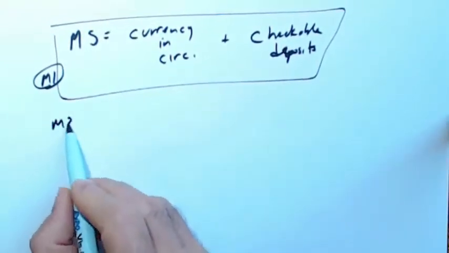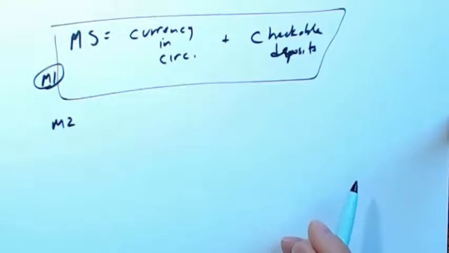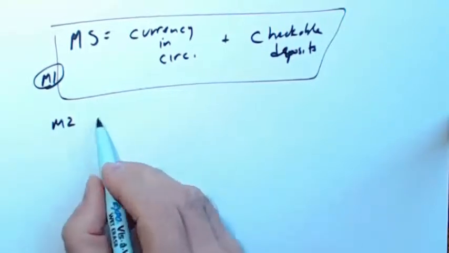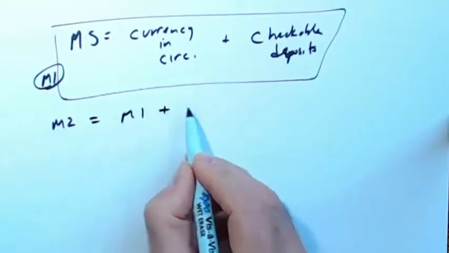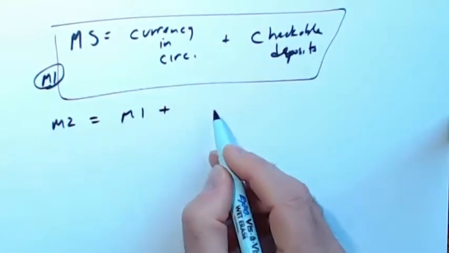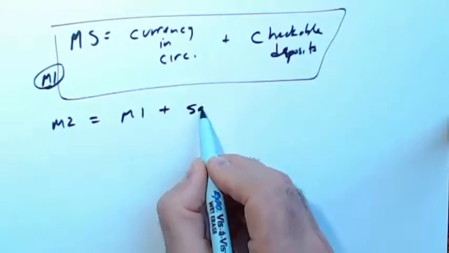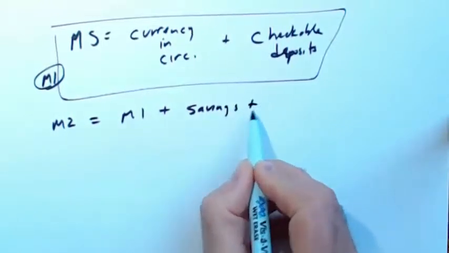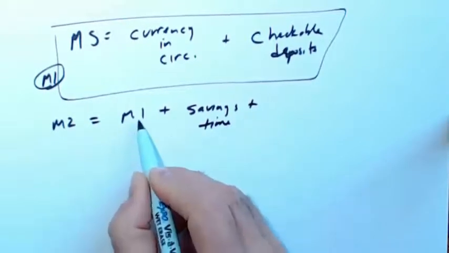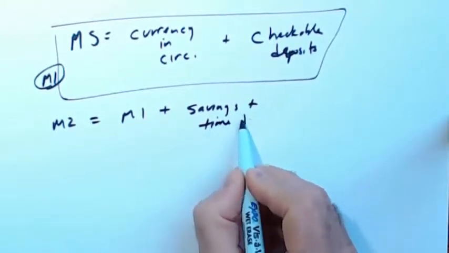There's also a version called M2, which is called the broader measure of the money supply, and that equals M1 plus, I guess conceptually the best way to think of it, it represents savings. In addition to M1, it represents savings and time deposits.